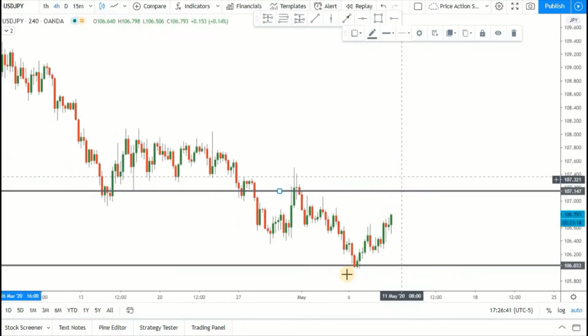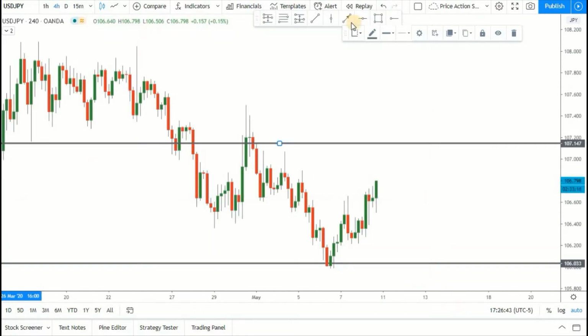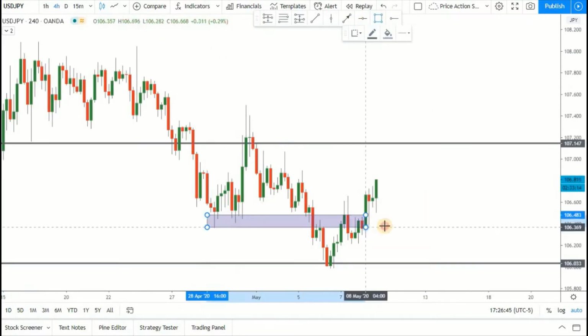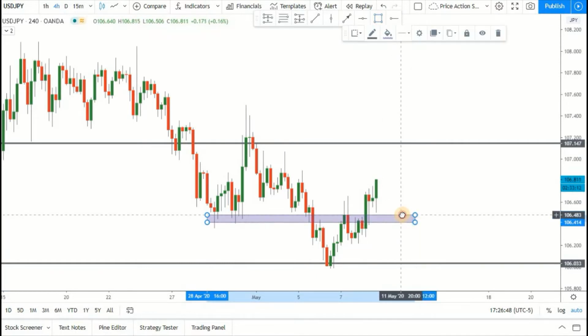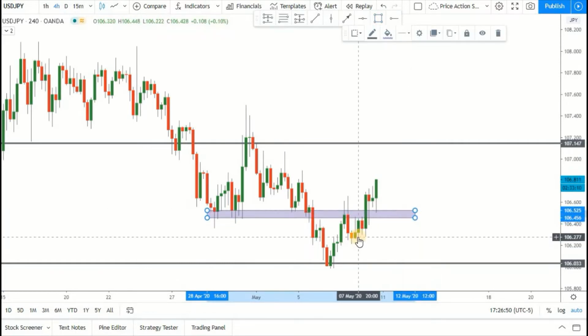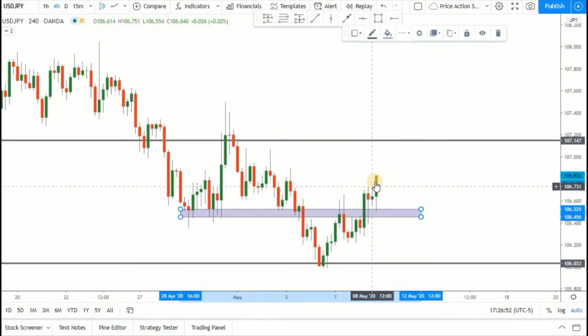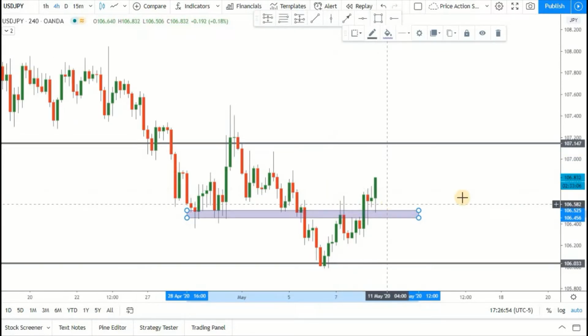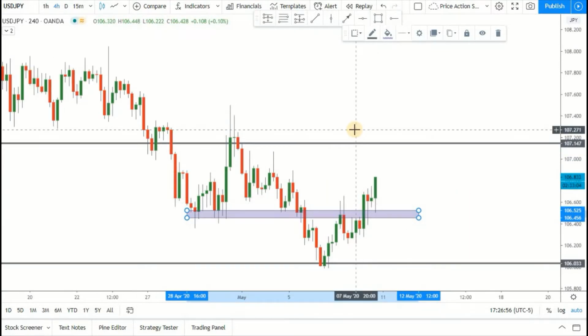Price is at support. It gets to this level right here that's broken and violated. So price is indeed pushing up to this level of 107.150 or thereabouts right now.